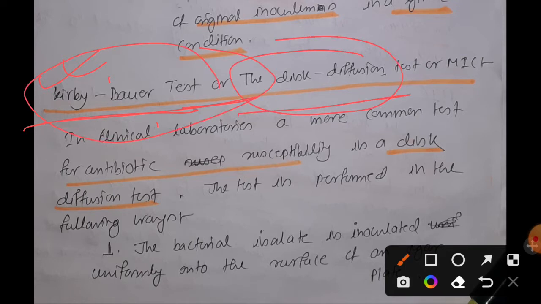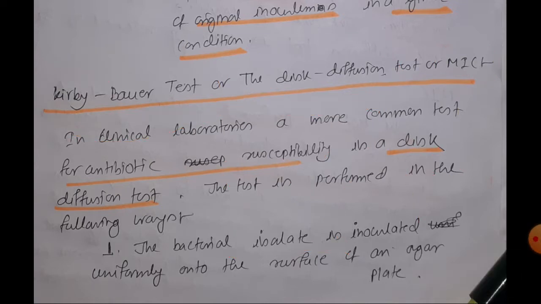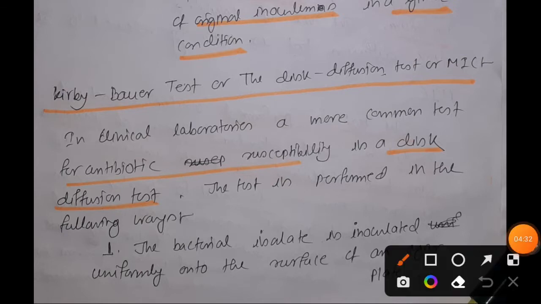Although the disc diffusion test is a separate practical in itself, and MIC is also a separate practical, I just want to tell you that MIC cannot only be determined with the help of this disc diffusion test. You can also determine MIC with the help of liquid media, which we will discuss when we start to upload videos especially for the practical exam.